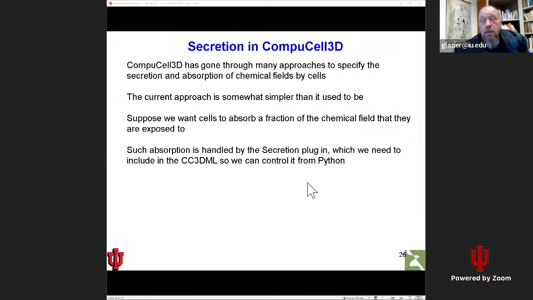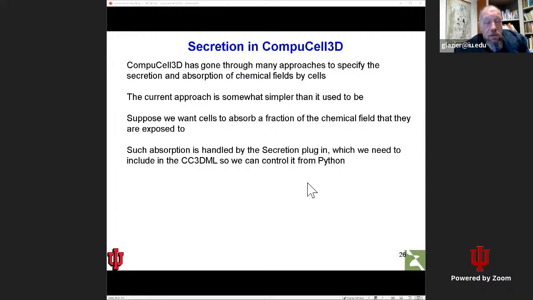Secretion in CompuCell has a wide variety of possibilities. And in one of the homework problems, that's specific on absorption, we had a whole series of options called uptake, total count of various kinds, some of which were a little bit confusing.